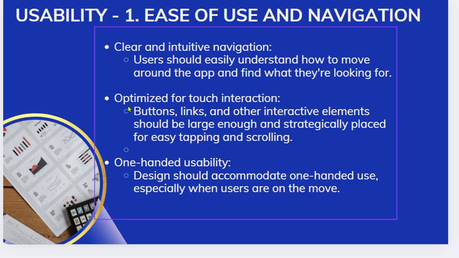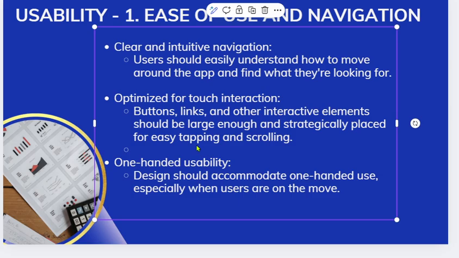Next, your app should be optimized for touch interaction. Most handphones now are 100% touch screen. Last time we had a physical keypad, and now it's replaced by a purely touch screen.